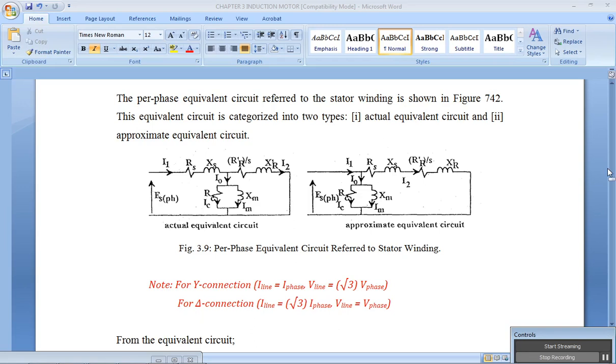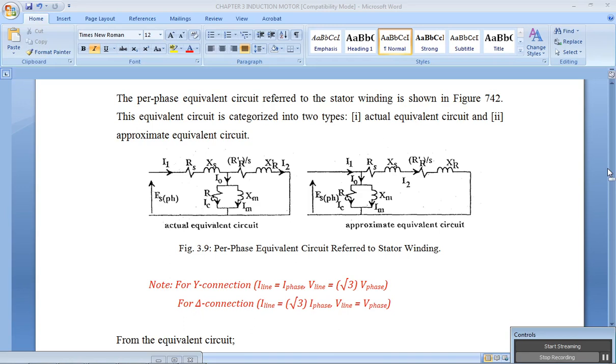Next, we look at two different types of equivalent circuit used to analyze the performance of an induction motor. On the left side is what we call the actual equivalent circuit, and on the right side is the approximate equivalent circuit. The difference between these two is the position of the core resistance Rc and the magnetizing reactance Xm.